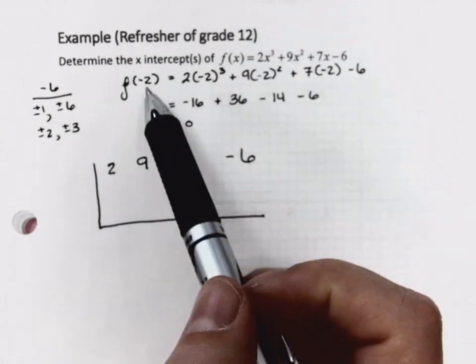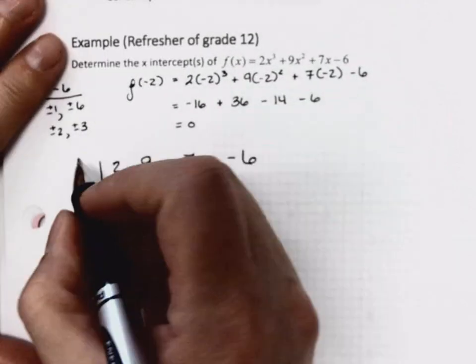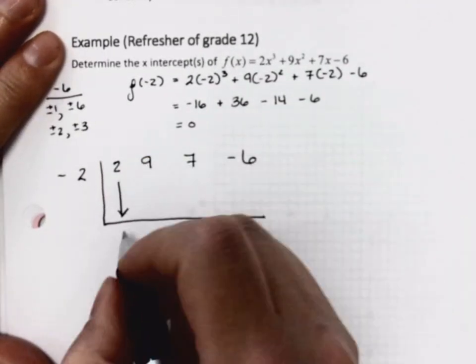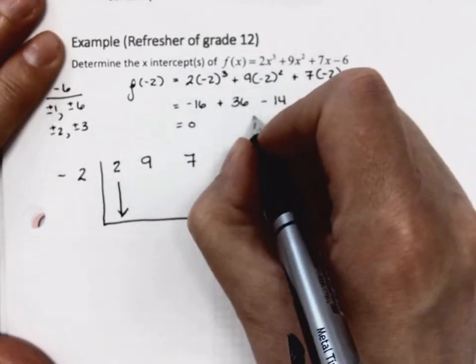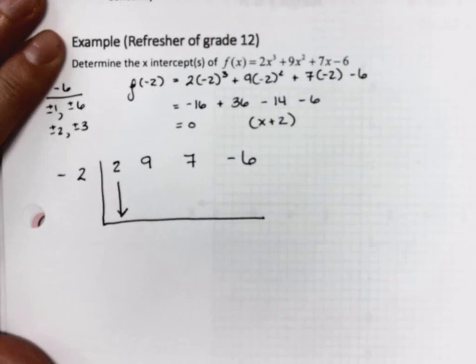We prove that it has a remainder of 0. You can do it both ways, but we're subtracting, and we did the subtracting one. It'd be -2 on the outside. The factor is x plus 2, but we're using the -2 to solve.